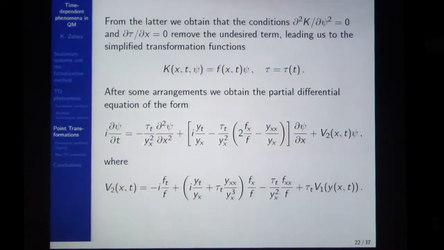You can see here that this is almost the Schrödinger equation I wanted. The new potential here, B2x, is given by all of this. In order to simplify further, I have to impose additional conditions. For instance, in the Schrödinger equation this term is 1, because this is 1 over 2m, but I'm absorbing all the constants in the variables.